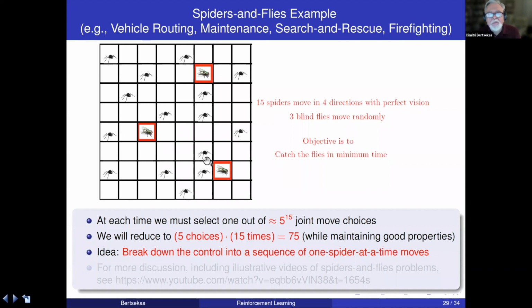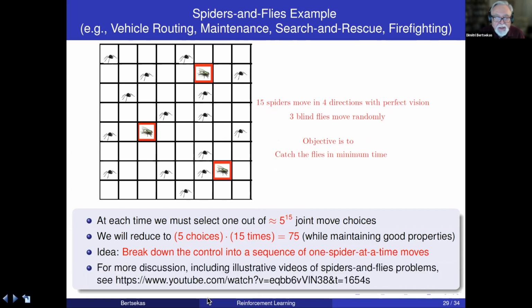In this way, there are only 5 choices per step. So it's 5 choices 15 times. Now we're going to give a theoretical framework for this and also an algorithm. But let me also give you a reference for discussion and videos of these problems. There's a YouTube video here.